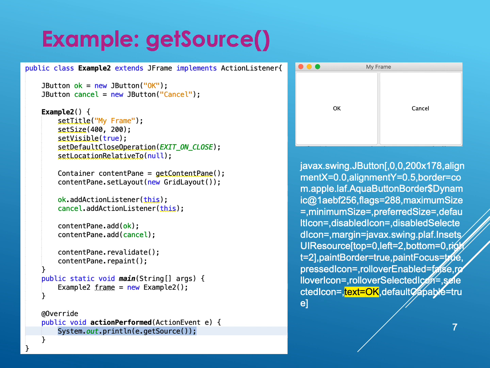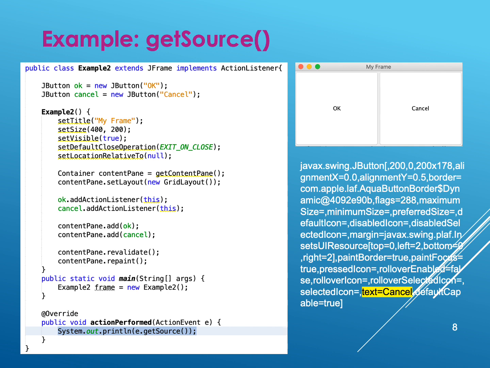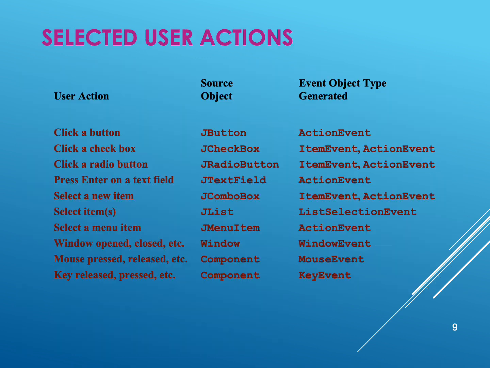If I click on Cancel, it will give me a similar result. So, based on e.getSource, I would know which button I have clicked. We are going to look at an example code later on on why this might be useful to know and to use.